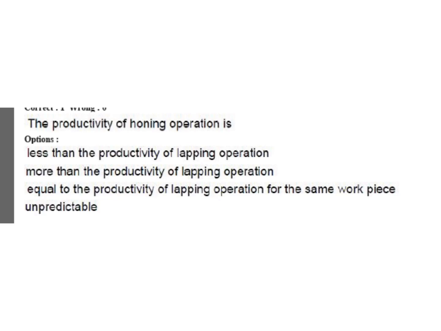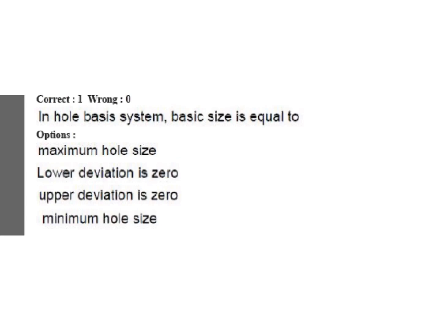In the hole basis system, basic size is equal to the hole basic size. So basic size, this is the zero line or basic line. It's the hole basis system, so H will come here.